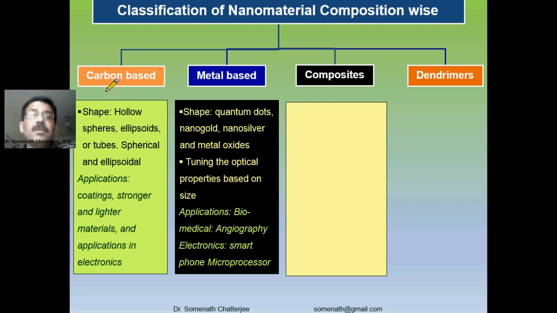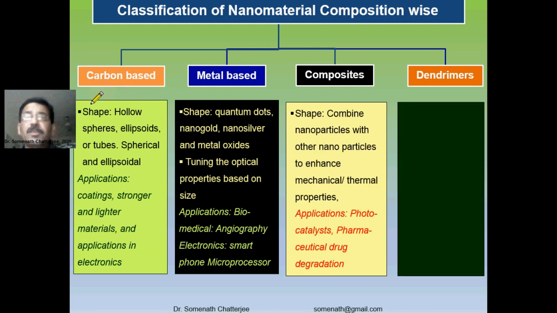The tuning of optical properties based on size has applications in the biomedical field, and angiography is a great example where we are using nanotechnology. Also in smartphones and microprocessors, we are using metal interconnects, which are also nanomaterial based. Then there are composites, combining a nanoparticle with other nanoparticles for enhancement of mechanical and thermal properties.